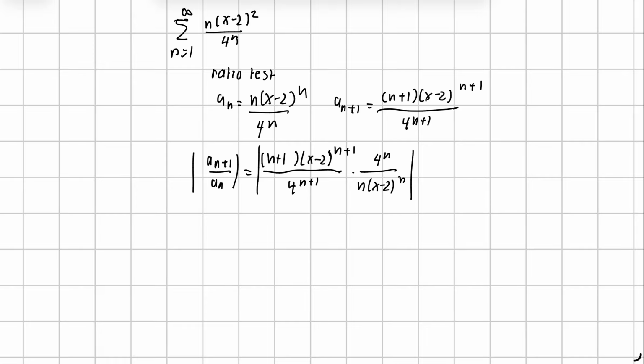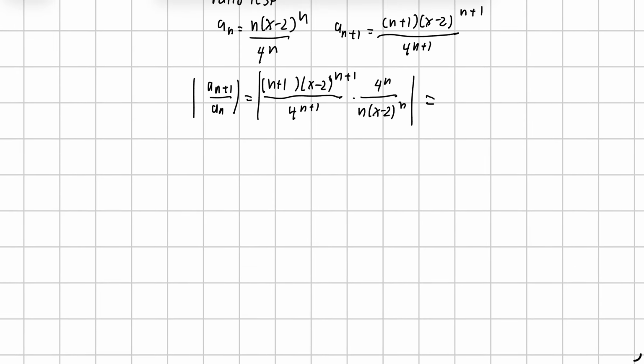If you cancel stuff out, we have n plus 1 left over, divided by n, and we have x minus 2 left, divided by 4. So this is the same thing as (n plus 1) over n times the absolute value of (x minus 2) over 4.